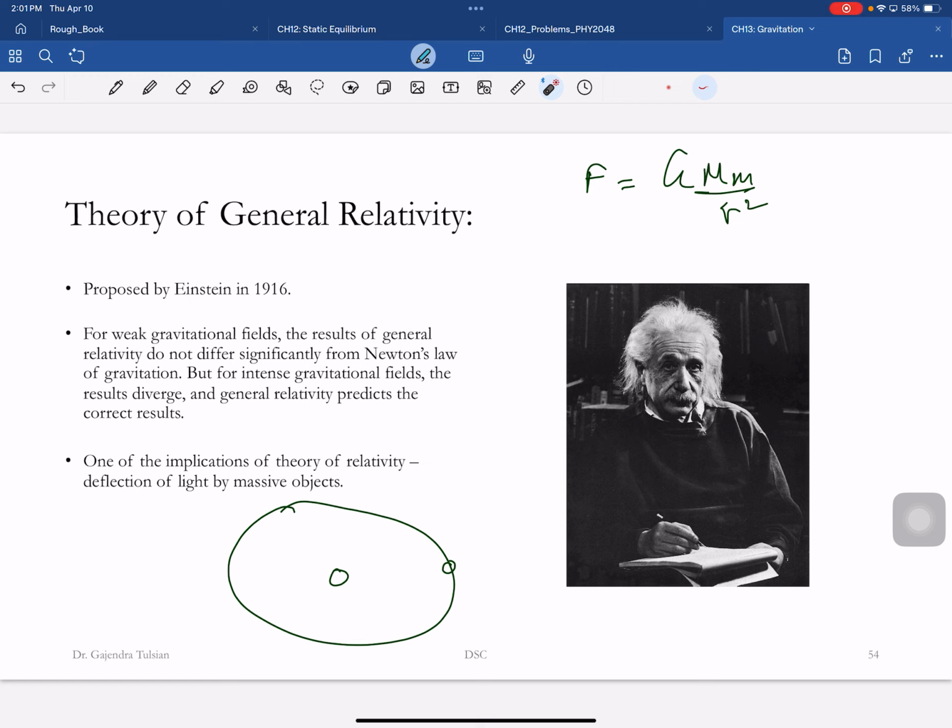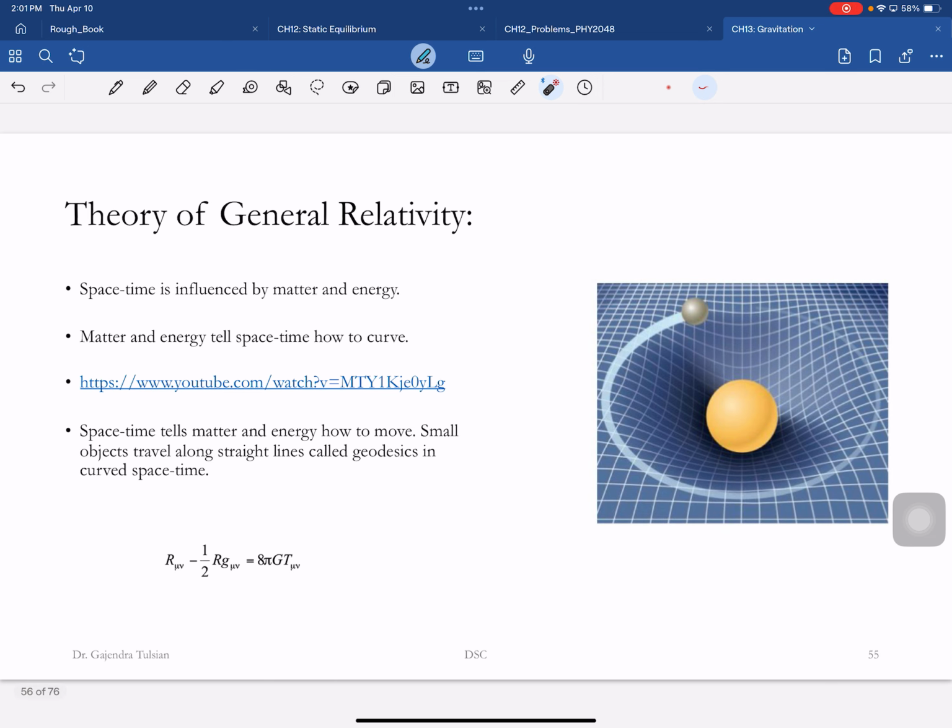Here's Einstein's answer. If you have no matter or energy, space-time is flat. And then you go by a star, it curves space-time. If there is no force acting on an object, what will it do? You played air hockey.